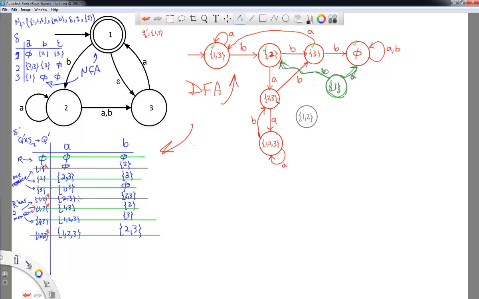State 1, 2 goes to 2, 3 for both A and B transitions. And if you look at these two states, state 1 and state 1, 2, they have outgoing transitions but no incoming transitions. That's why we couldn't reach them from the input states.